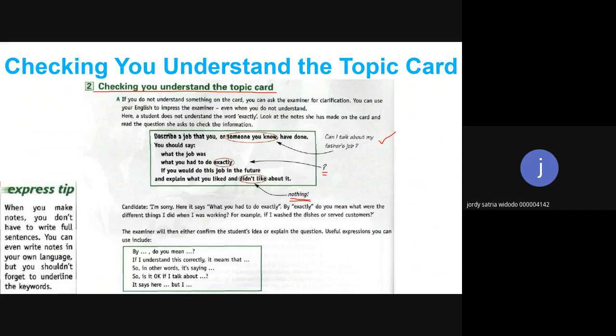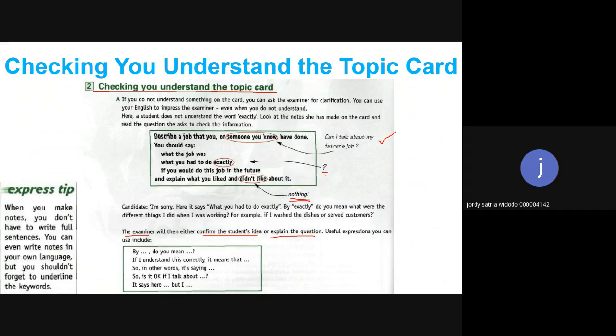You just analyze the card, find out something that you don't understand, and check your understanding with the examiner. It's okay. Don't be so nervous. The examiner will have two options: confirm the student's idea or explain the question.